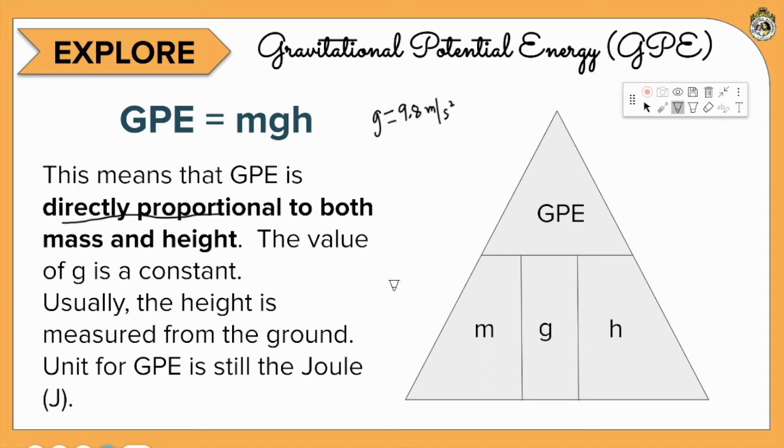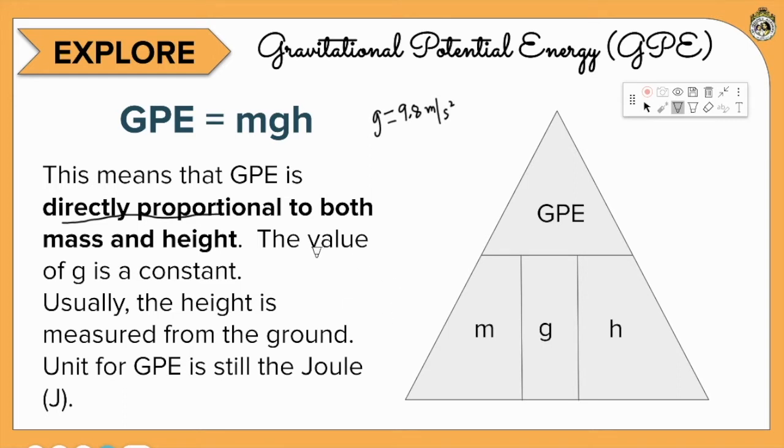If one quantity is decreased, the other quantity is also decreased. When two quantities are directly proportional, what happens to one quantity also happens to the other. So they both increase, they both decrease, etc.